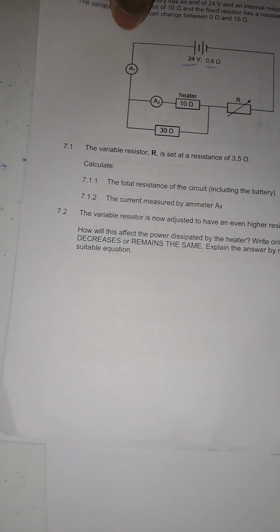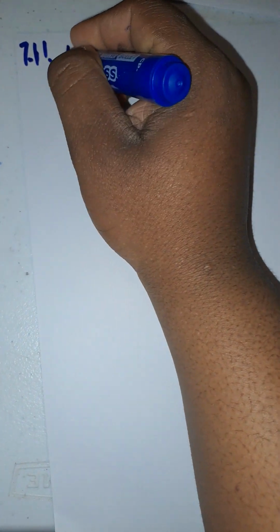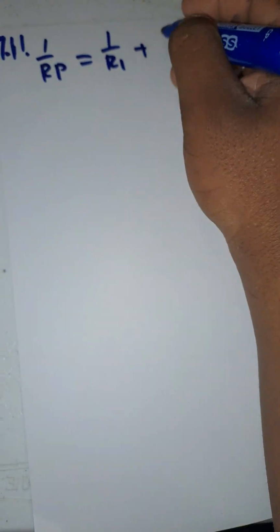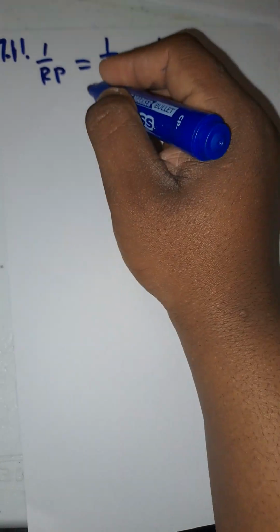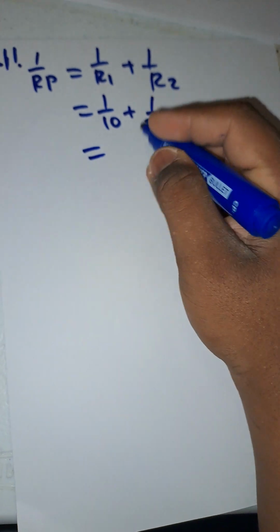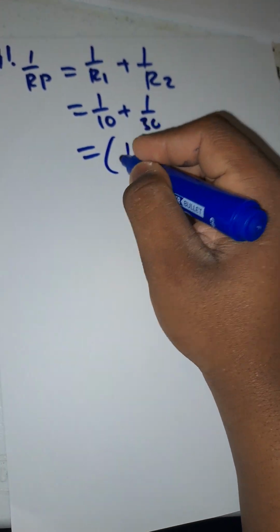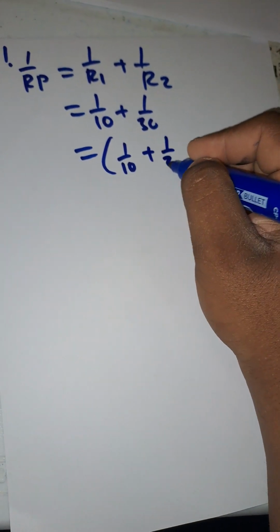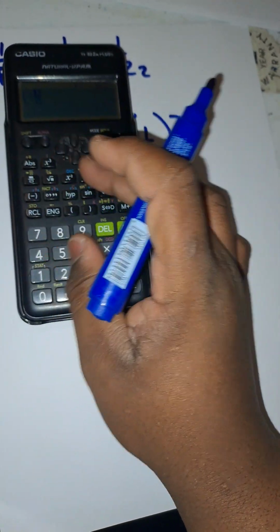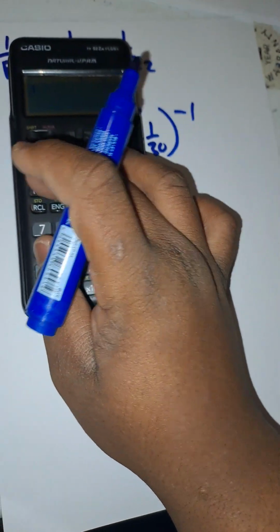So 1 over Rp equals 1 over R1 plus 1 over R2, 1 over 10 plus 1 over 30. You can simply do this as 1 over 10 plus 1 over 30 to the power of -1, because otherwise you'll have to invert the answer.